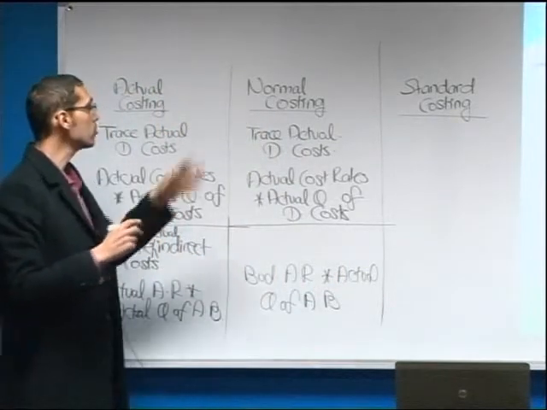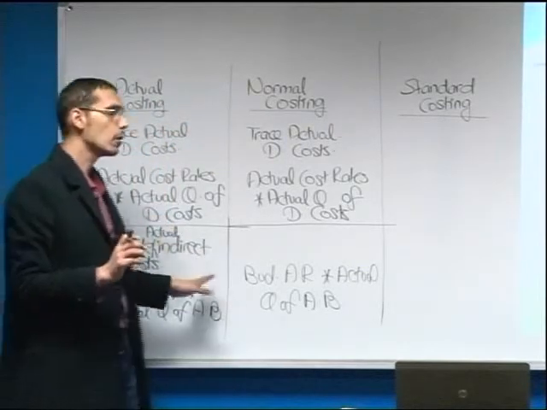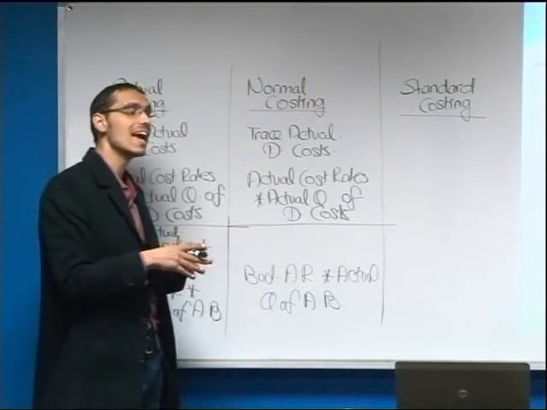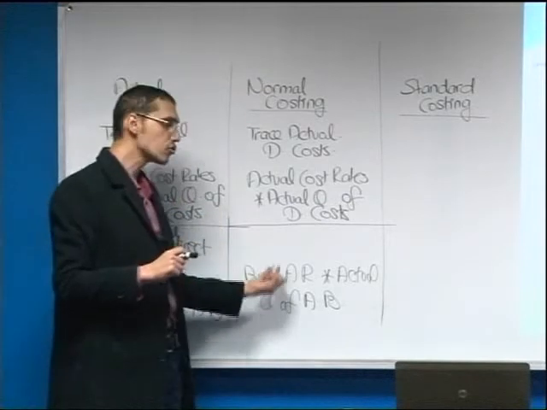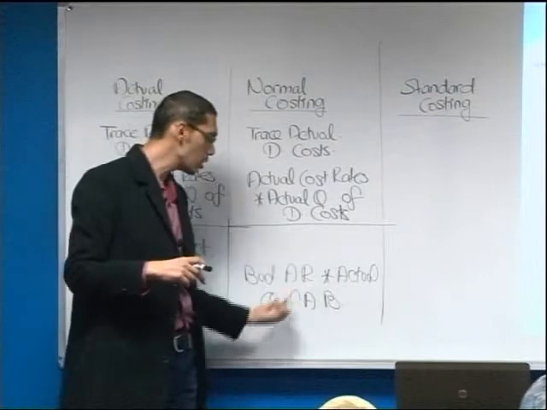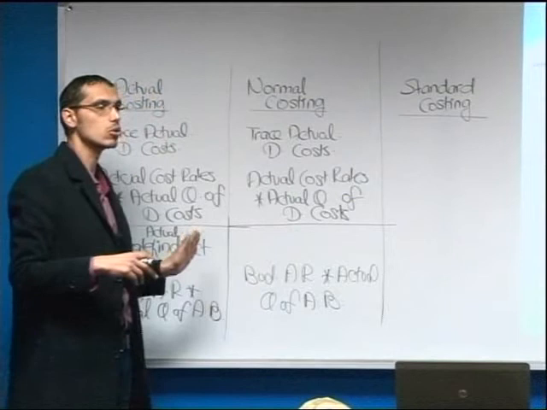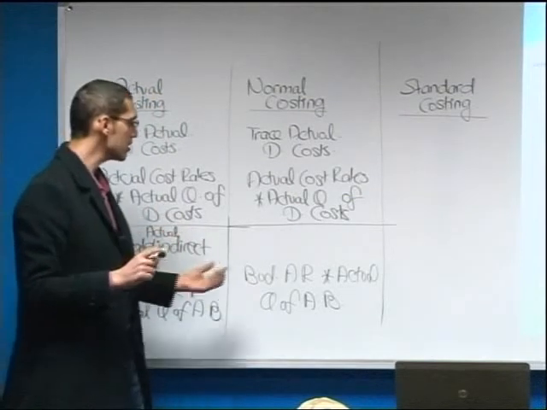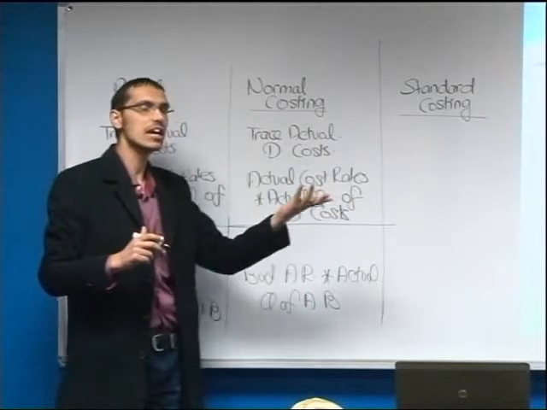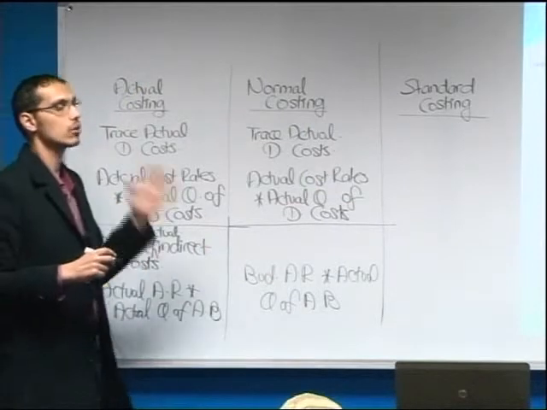Therefore, the difference between normal costing and actual costing is only in the allocation of the indirect cost part, and only in the determination of the allocation rate, because both use the actual quantity of the allocation base. In normal costing we use a budgeted allocation rate, while in actual costing we use an actual allocation rate.